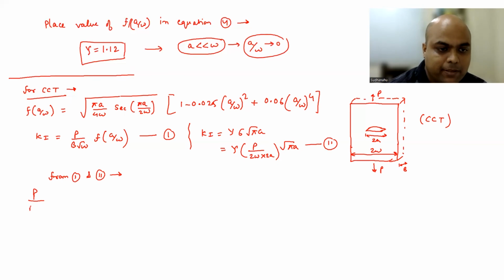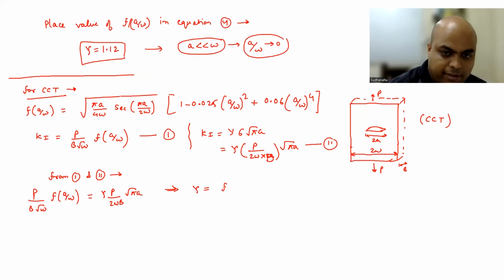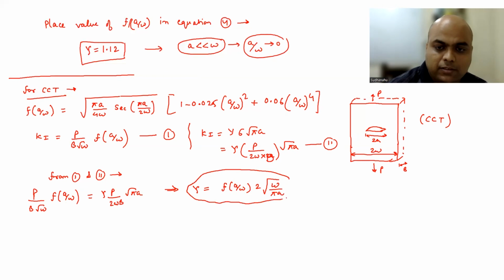Okay. So P by B root W f of A by W will be equal to Y P by, okay. So here I made a mistake. It is not 2A, it is P by 2W into B. Okay. So this is 2WB root pi A. And we can write Y as f A by W, 2W by pi. So this is the expression for CCT.